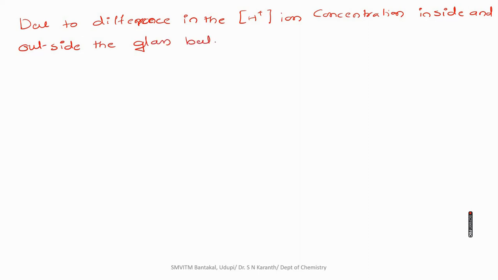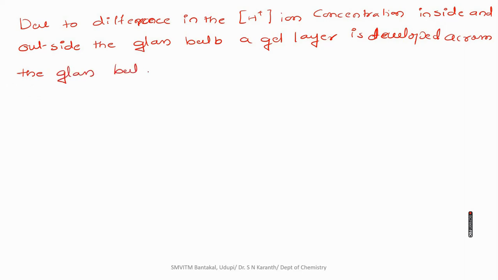Outside the bulb there is a different concentration, whereas inside the bulb the concentration is N/10 HCl. As a result, a boundary potential is developed, and it is denoted by EB.